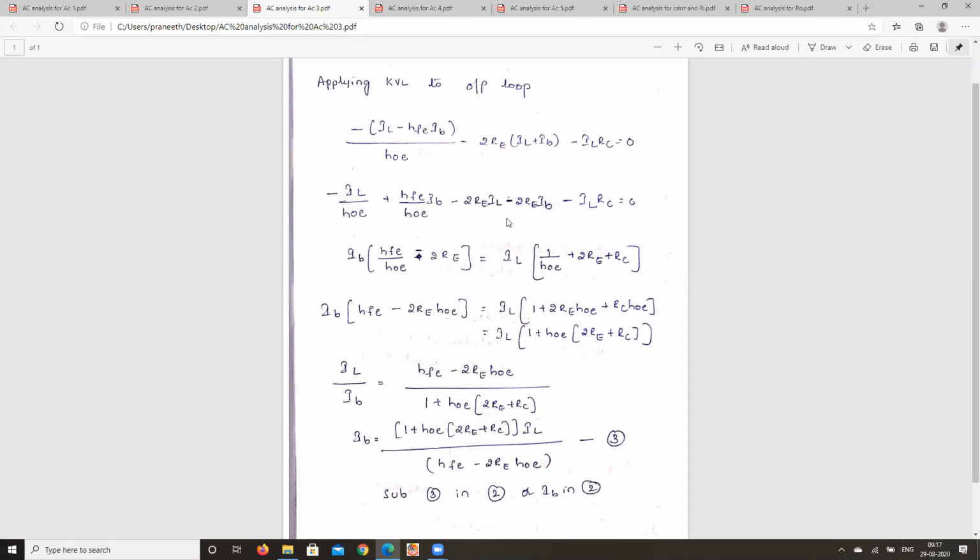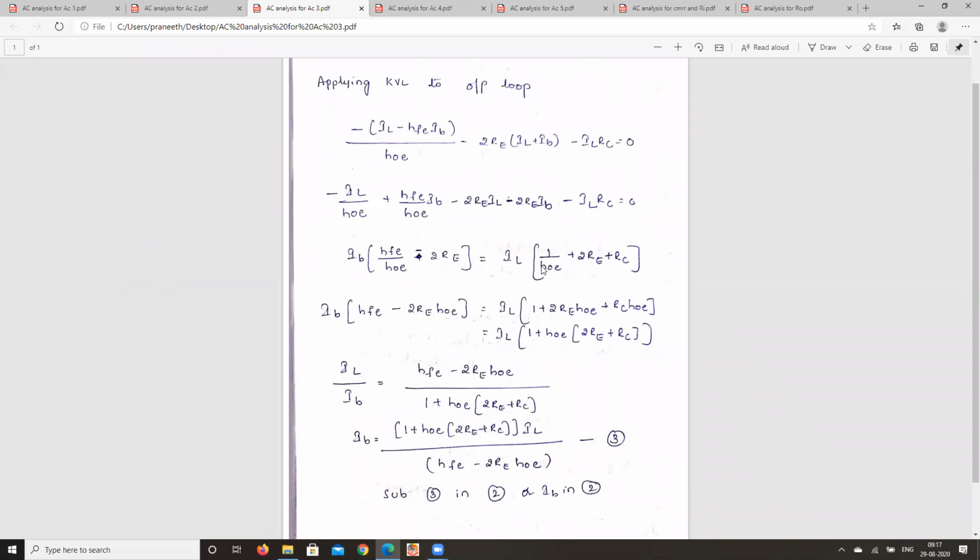These two are the common IB terms, so I got IB into (HFE by HOE minus 2RE) equals, taking the IL terms to the other side, IL into, these terms. When you take IL terms common, I got 1 by HOE plus 2RE plus RC.